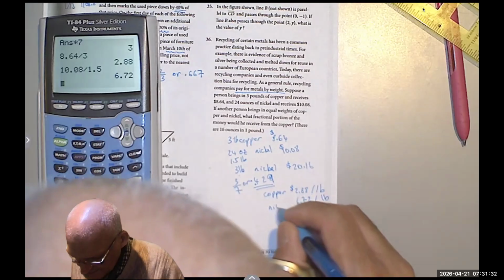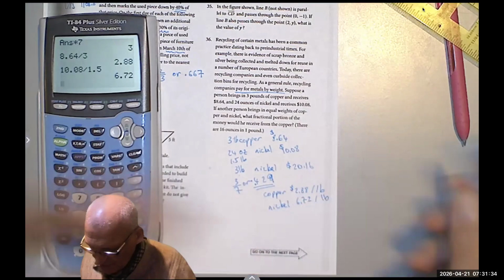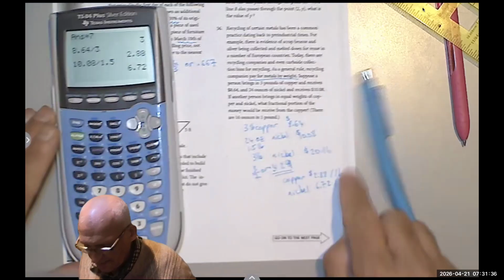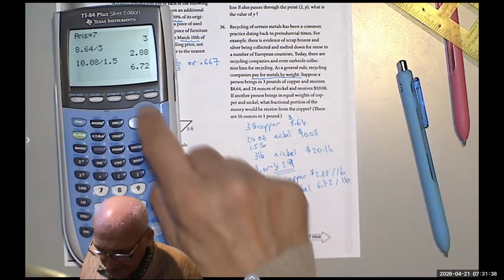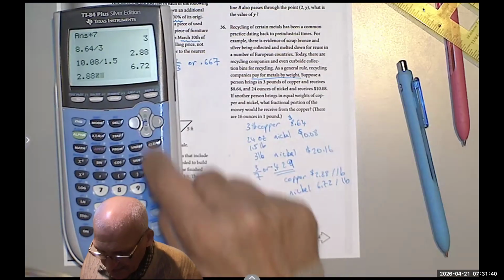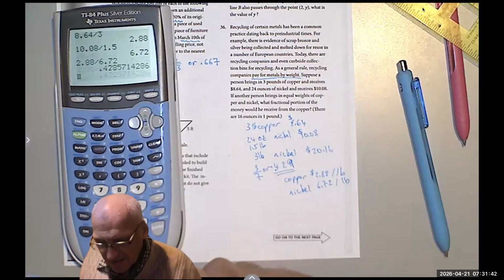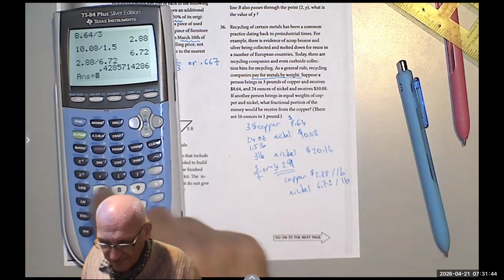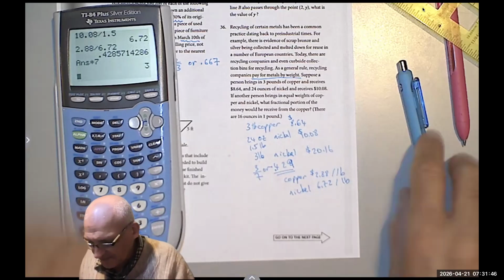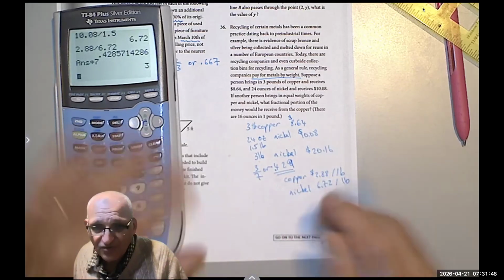The nickel. So if I assume each one got a pound, I will divide this by that, and I get the same exact amount. If I multiply by 7, I get 3/7. So 3/7 for copper, 4/7 for nickel. I don't know why I wasted my time doing that.